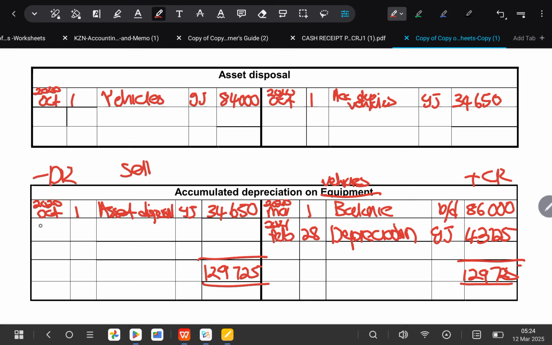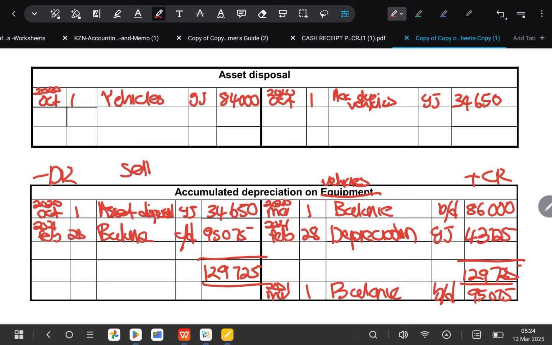So we are going to come here and say 2021 February 28, our balance carried down was 95,075, and then this will be our opening balance for 2021 March the 1st. Our balance brought down it's 95,075. Okay, and then you are done with this.